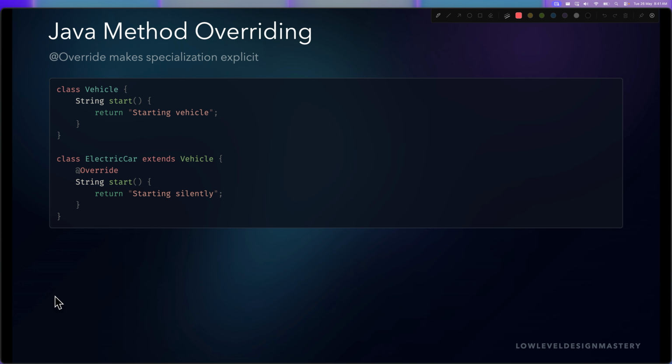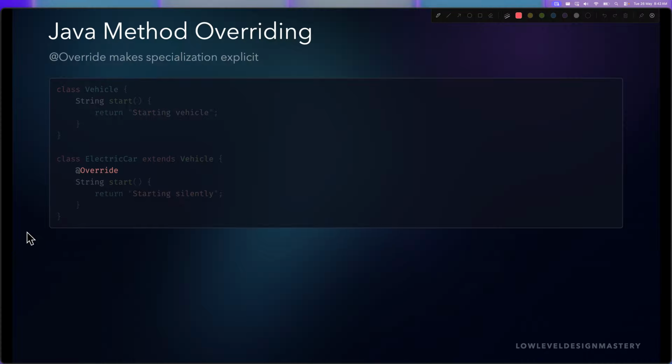Now let's see Java method overriding. The Vehicle class defines a general start method, right? And then ElectricCar extends Vehicle and defines its own version of start. If you see, it is the same as earlier: "Starting vehicle," "Starting silently." And then there is this @Override annotation that we specify, which tells Java and the reader that this method intentionally overrides a parent method.